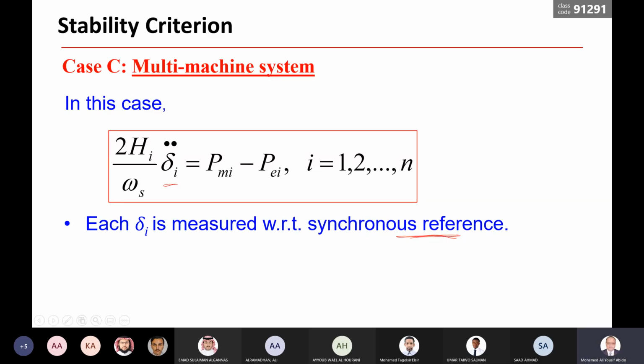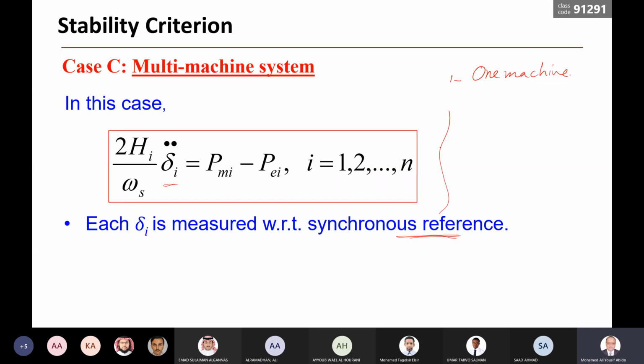If you have a multi-machine system, you have to define a reference. This reference could be one machine, similar to what we are doing in load flow studies.